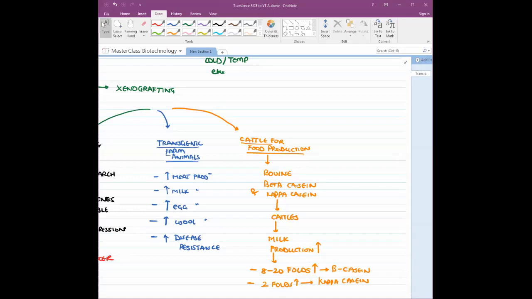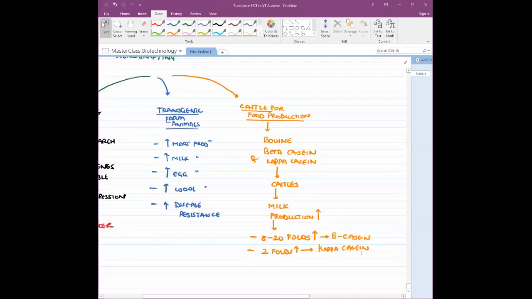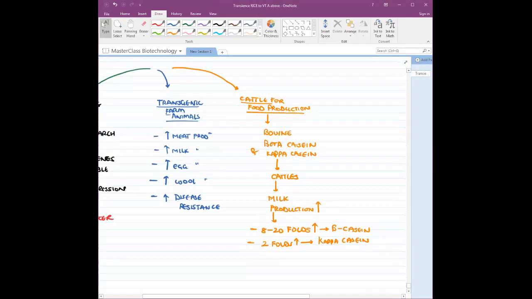Okay, then next thing, guys, we are going to use these animals for therapeutic production, human therapeutic production.